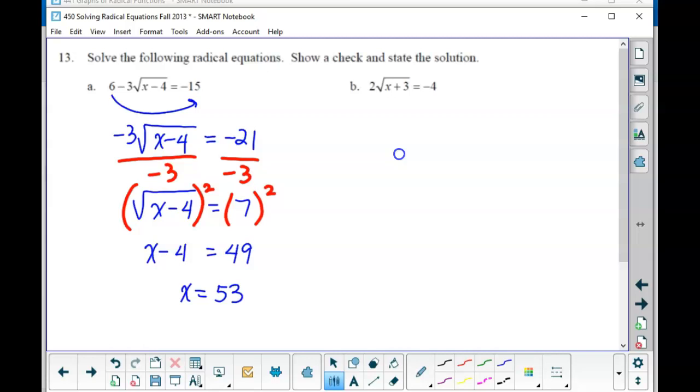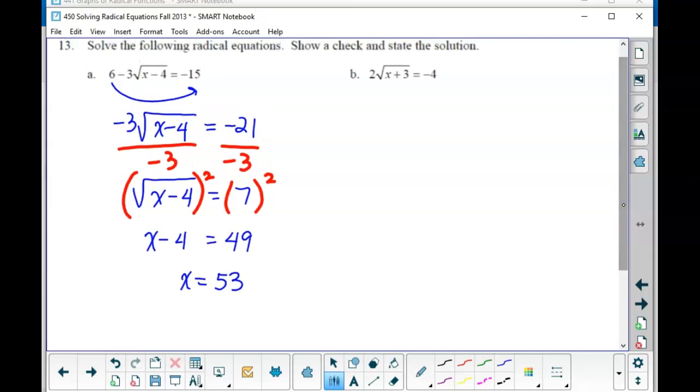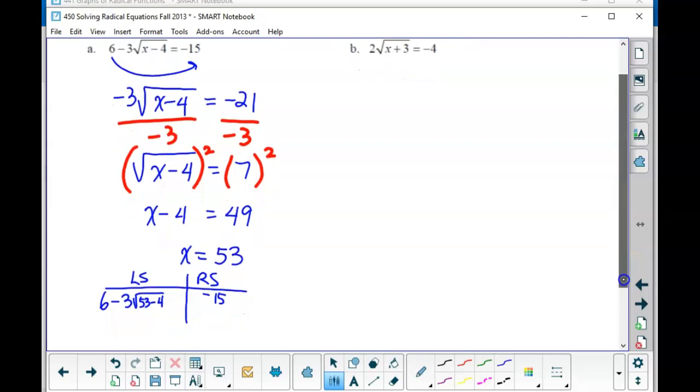It says show a check. If it doesn't say show, then you could do it in your calculator or in your head. But it does say show. So always go back to the original, never an intermediate step. So what's that? 6 minus 3 times 7, which is 21.